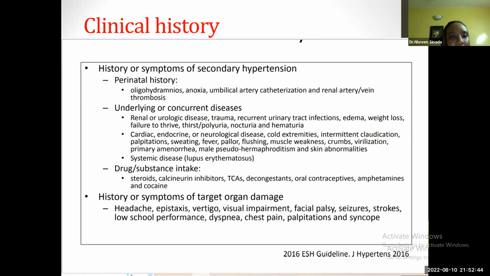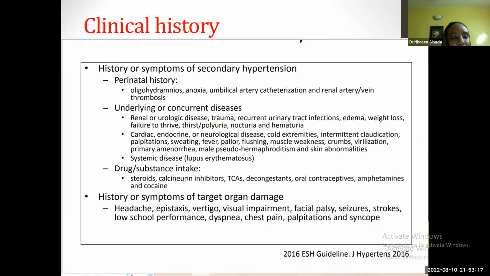You ask about the prenatal history, oligohydramnios, umbilical artery catheterization, renal artery or vein thrombosis, and you also ask about underlying or concurrent disease like renal or urological disease, trauma, recurrent UTI, edema, weight loss, failure to thrive, thirst, polyuria, nocturia, hematuria. Then also you ask about cardiac, endocrine, neurological causes, cold extremities, intermittent claudication, palpitation, sweating, fever, pallor, and flushing.